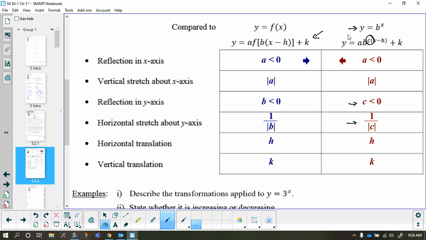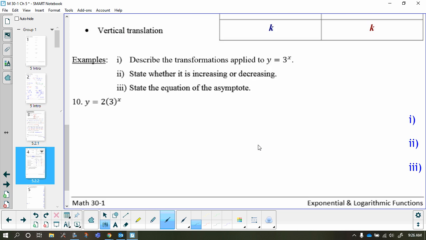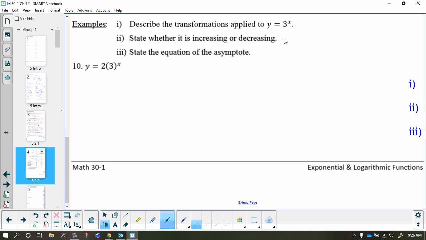Here for each of these examples, we want to describe the transformations applied to y equals 3 to the exponent x. So we're going to say this is our starting function. Next, we'll state whether the graph increases or decreases, and then we'll talk about the equation for the asymptote. So as you look at this equation, you'll notice, oh, well, it's almost identical.